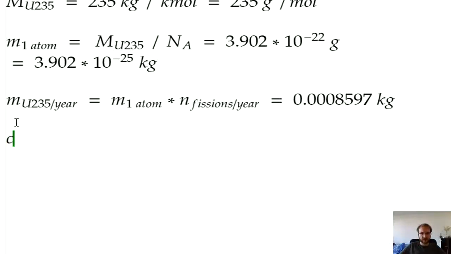So the concentration of U-235 in fuel is 3.6%.